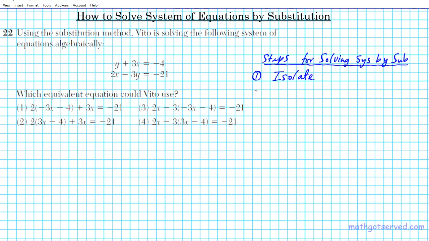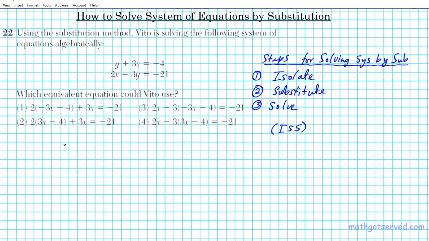The next thing you want to do is substitute what you isolated into the other equation. And then 3, you solve. This solve process is two parts: you solve for one variable, then you substitute it back into the other and solve for the other one. So just think ISS to solve systems by substitution: isolate, substitute, solve. As we execute these steps, we're going to see what the correct answer is.